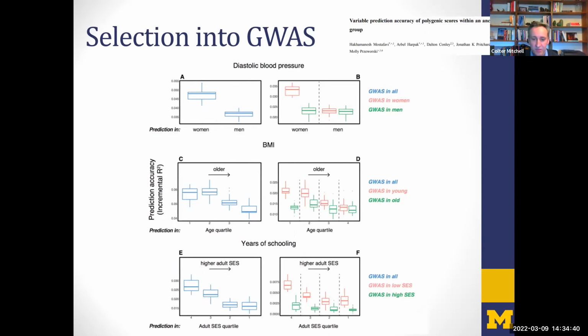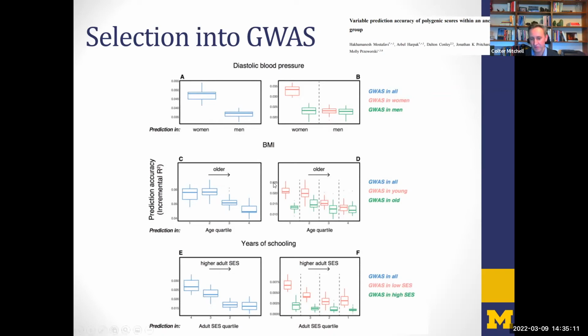In this case, what this is showing is, if we look at diastolic blood pressure, the polygenic score created in men and women combined looks like it's working better for women than it is for men. But then when you do a GWAS in just women or a GWAS in just men, you start to see that actually this is all driven by the fact that there's some selection in who's participating in this particular GWAS. And it's just not going to work well for men ever.